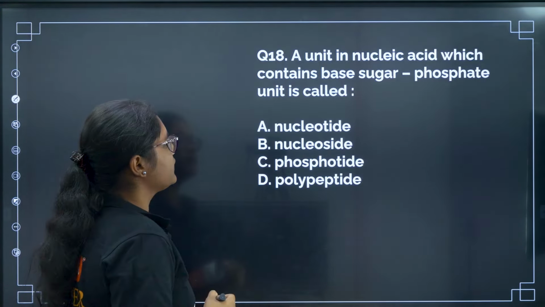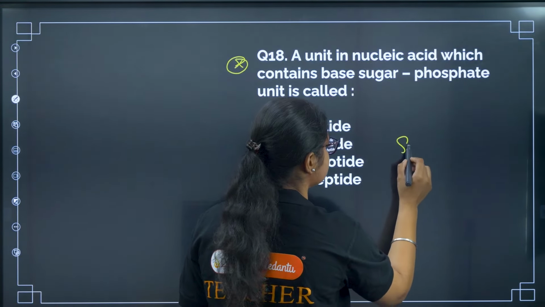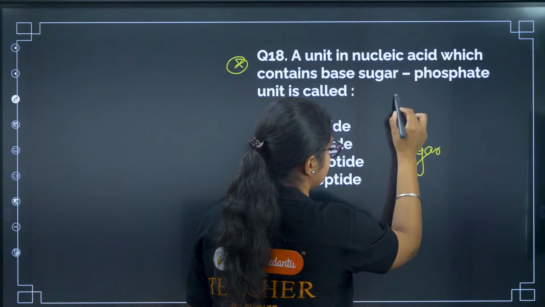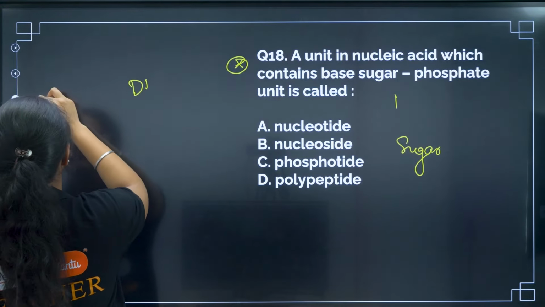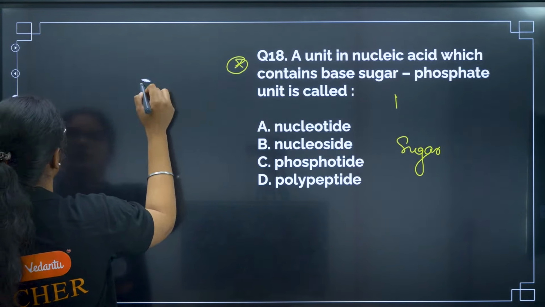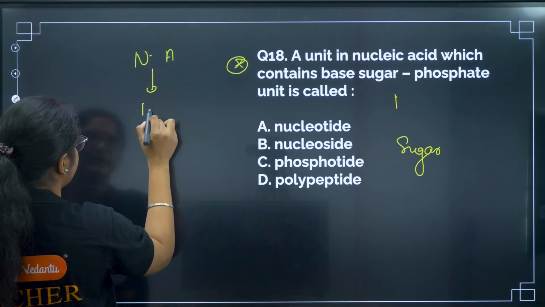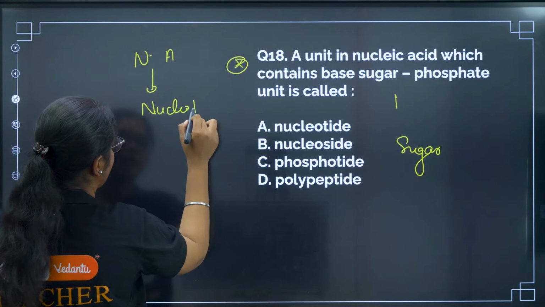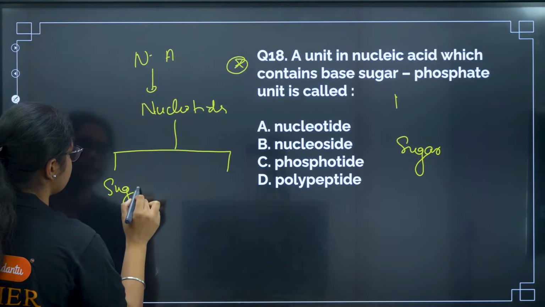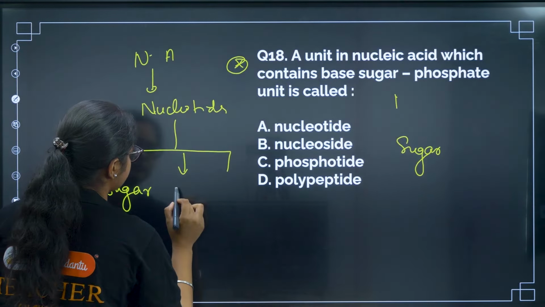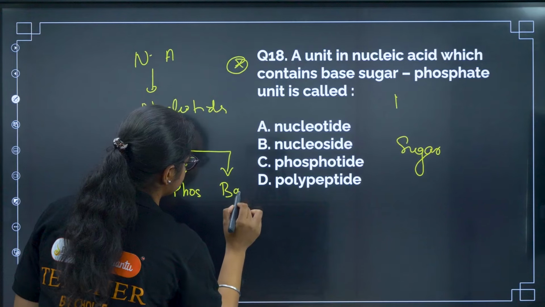Next, a unit in nucleic acid. This is a very important one, you should know the basic things. DNA or any nucleic acid is made up of nucleotides, and nucleotides are made up of 3 things: we have sugar, then we have a phosphate group, and we have a base group, right?